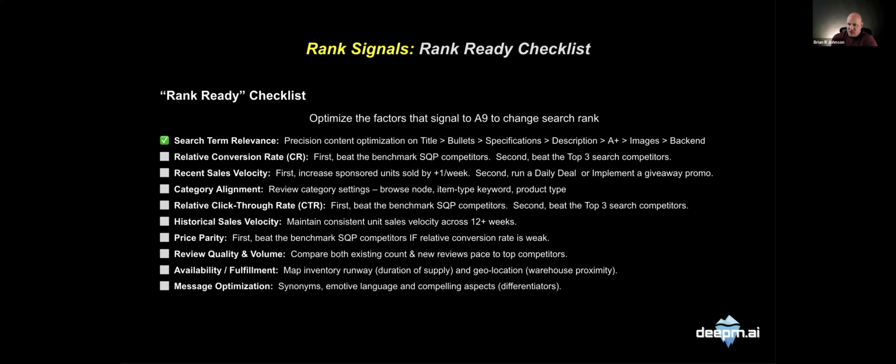It does often work to get higher visibility, but it doesn't necessarily mean that you'll convert to a sale once you get there, even if you do rank higher, right? So we want to find the best combination where it actually converts well. So search term relevance is great.